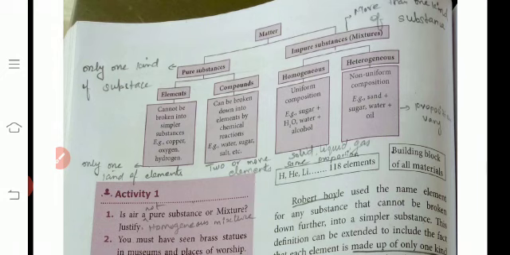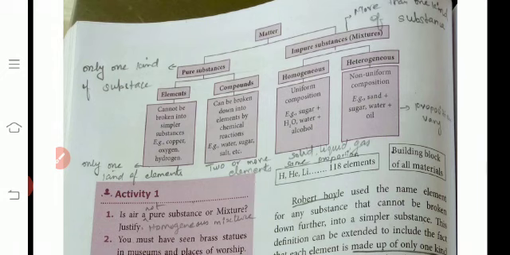Elements mean the same atoms are present in the substance. Compounds mean different types of atoms are present. For example, water is H2O, hydrogen and oxygen. Sugar is C6H12O6, carbon, hydrogen, oxygen. Salt is NaCl, sodium and chlorine. So these are compounds.